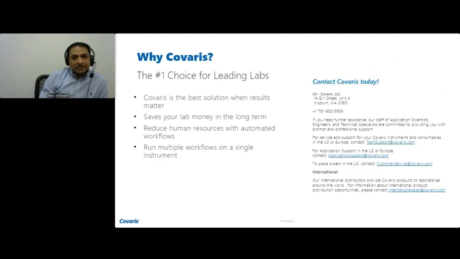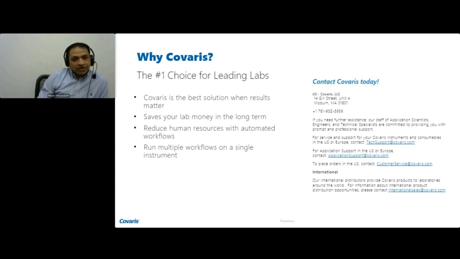In a nutshell, why Covaris? Covaris has been the gold standard for DNA shearing. Market recognition of our outstanding sample prep and DNA and RNA fragmentation capabilities is evident in several NGS library prep workflows, both in clinical, pharma, and R&D sectors. Our solutions reduce hands-on time and the financial burden of the lab.